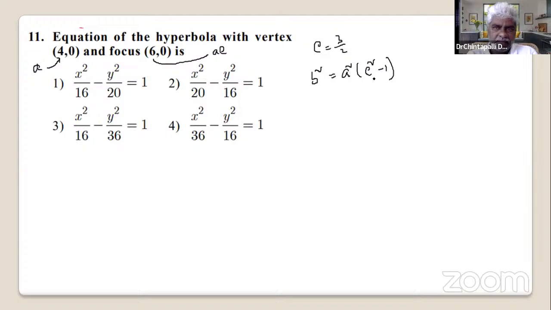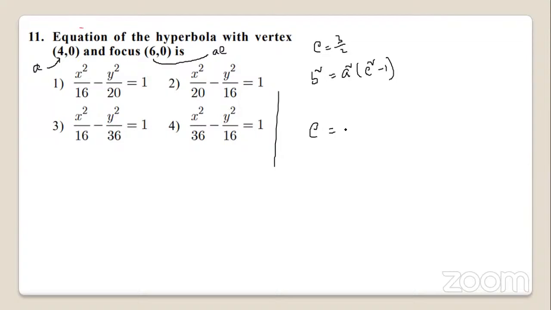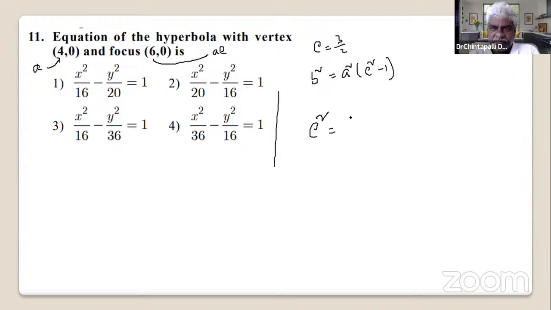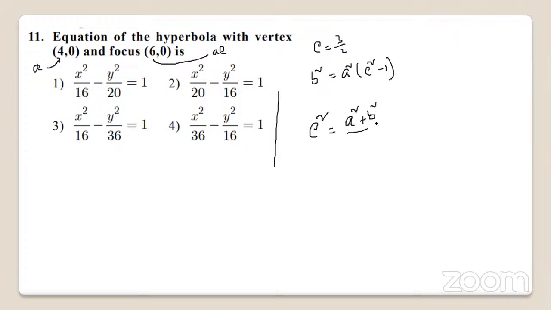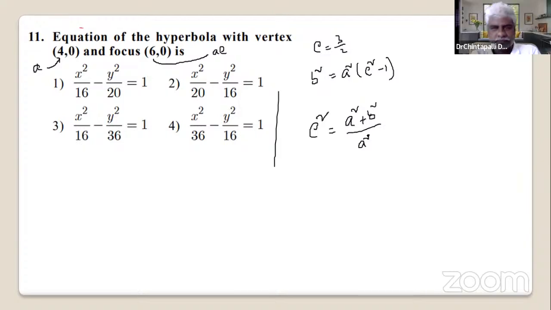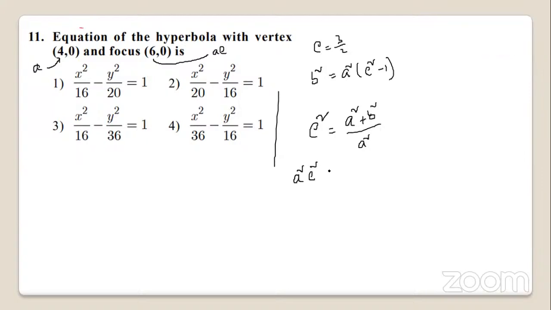You may have one question: why is the formula for b square a square times e square minus 1? Do you remember the formula for e? e equals root of a square plus b square by a square. Squaring on both sides, e square equals a square plus b square by a square. Cross multiplication: e square a square equals a square plus b square.